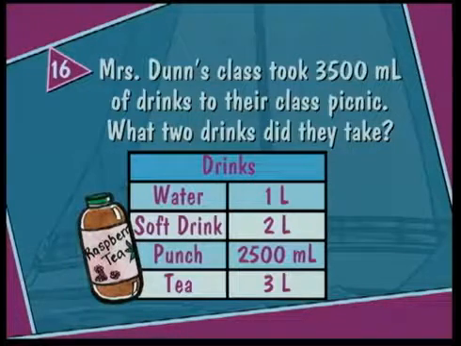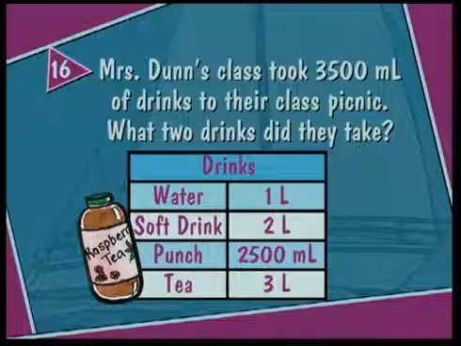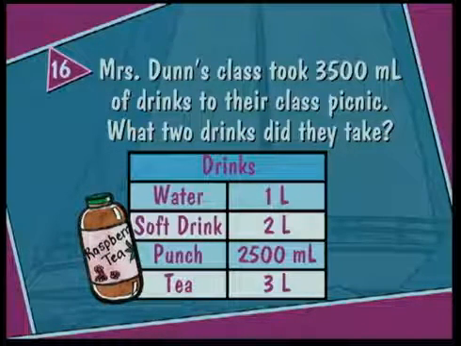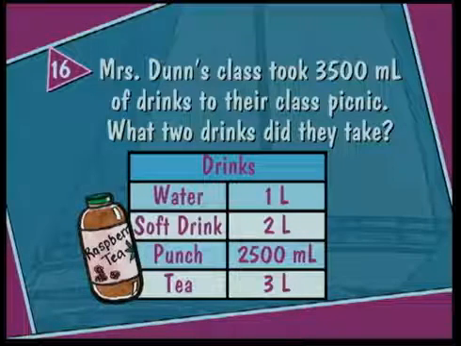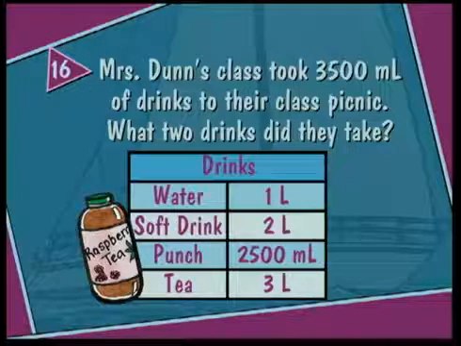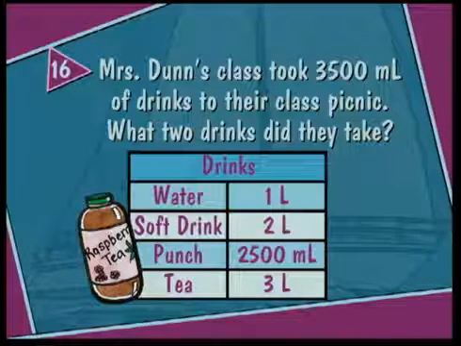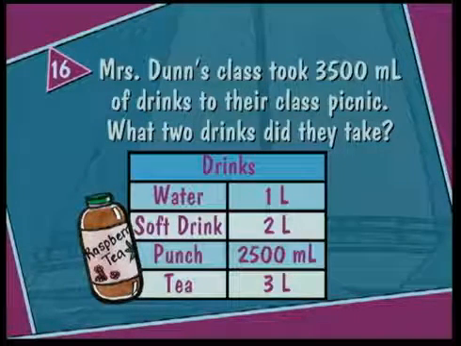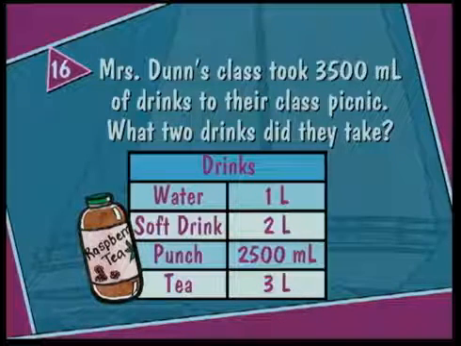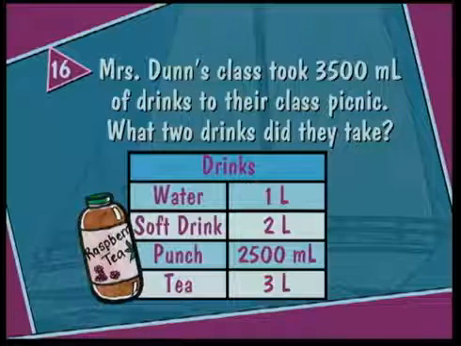Okay, Mrs. Dunn's class took 3,500 milliliters of drinks to their class picnic. What 2 drinks did they take? Ooh, you know they took 2. So you had to look at it and say, what 2 numbers added together are going to give me 3,500 milliliters? But not all of your information was given in milliliters. Did you change those liters over to milliliters?